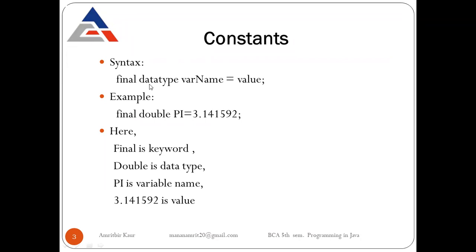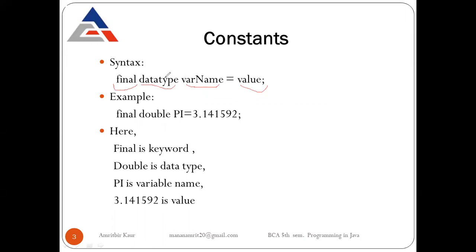Here is the syntax for constant. Firstly, we write our keyword final. Final is our keyword. Then we use data type and variable name equals to value. So here I'm taking a variable declaration and initialization.